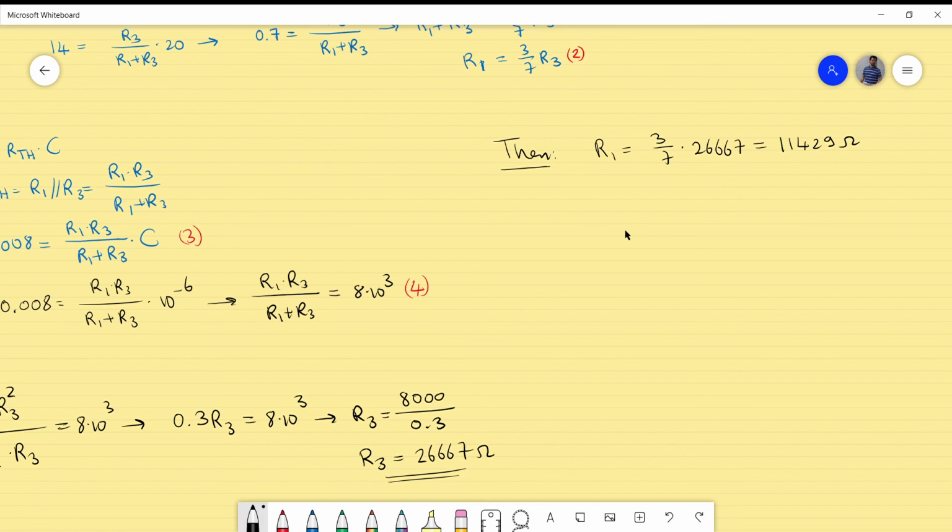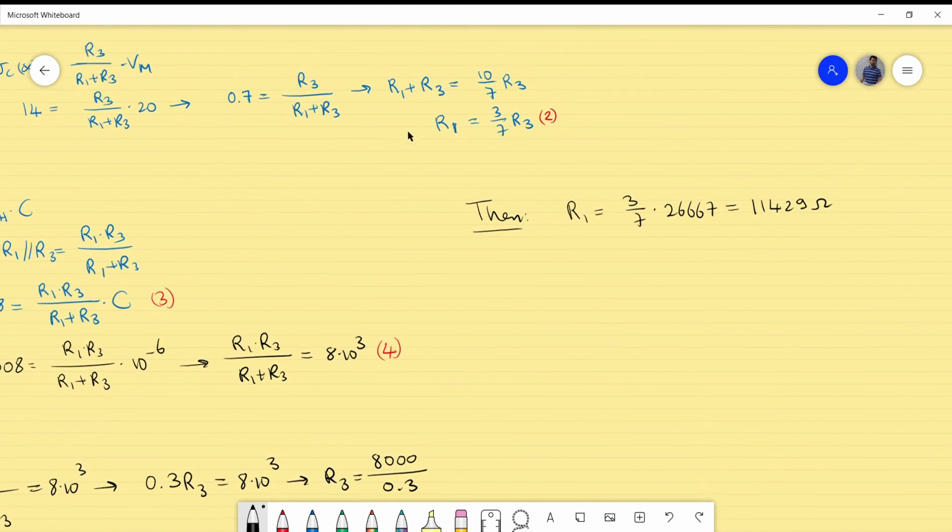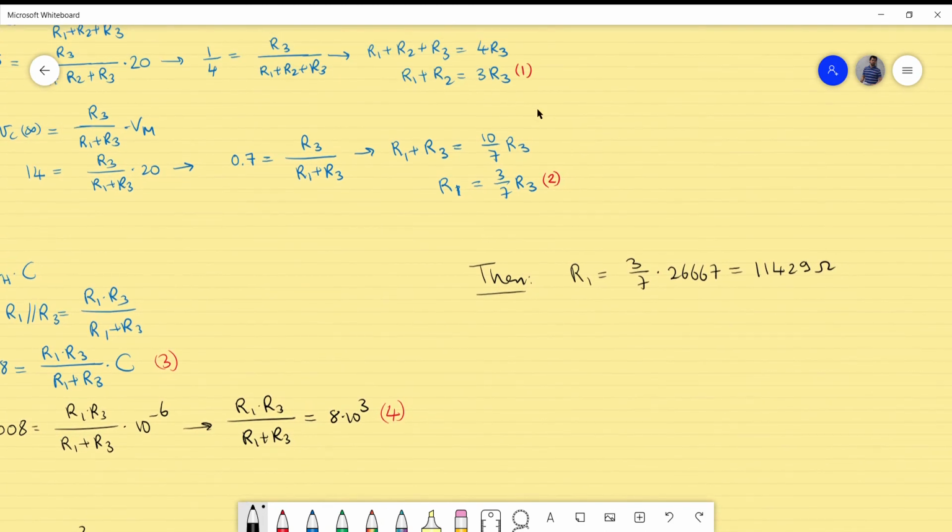And then we have the formula above. Let's fill in what we have. We have R1, which is 11,429, plus R2, which is unknown, is equal to 3 times 26,667.